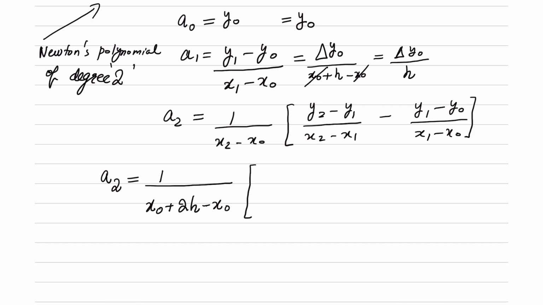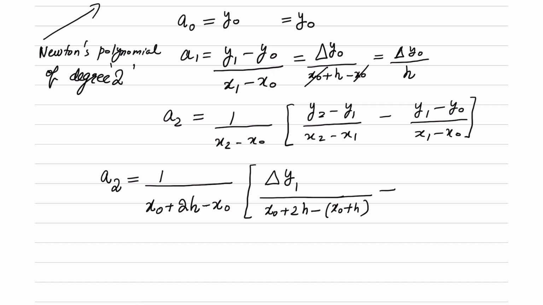Now y2 minus y1 in forward difference operator form is forward y1, because when you open forward operator y1, it is written as the very next value y2 minus y1 divided by x2, which is x0 plus 2h, minus x1, which is x0 plus h.